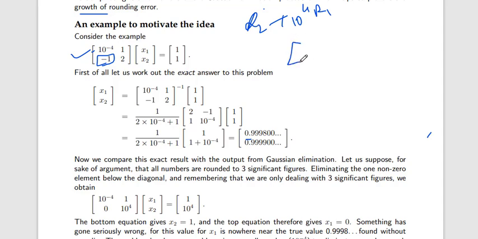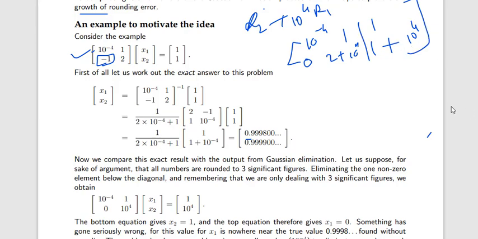Here 10 raised to minus 4, first row remains the same, second row 0, and this becomes 2 plus 10 raised to 4. This is x1 and x2, and we transfer this into the augmented matrix: here 1 and 1, the 1 remains the same, and 1 plus 10 raised to 4.